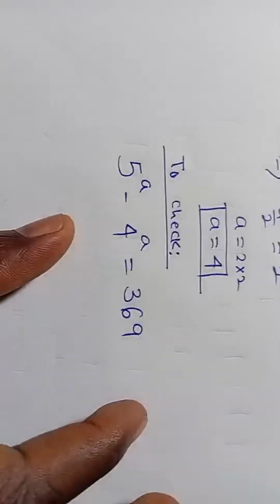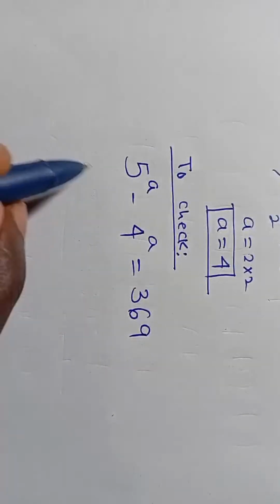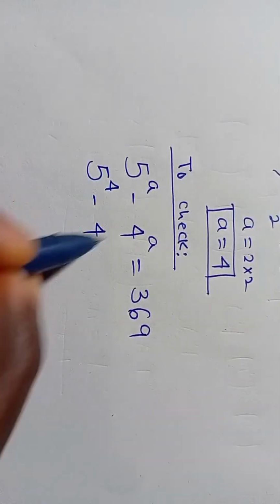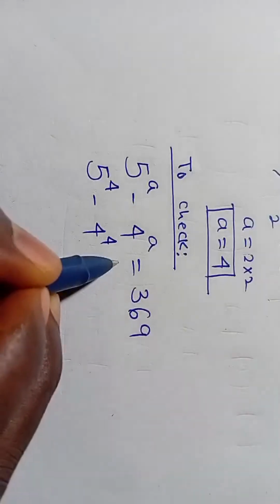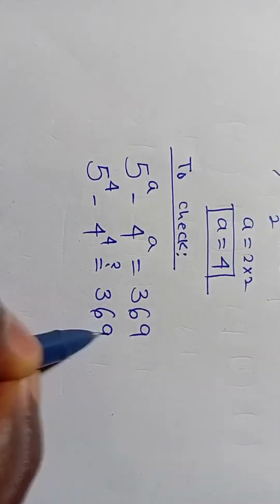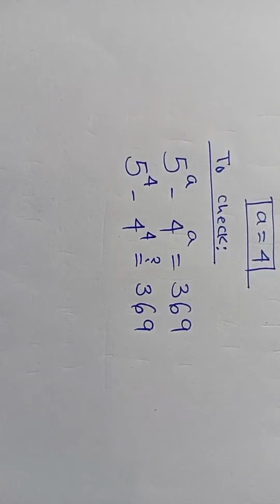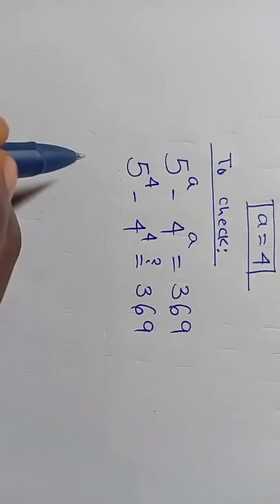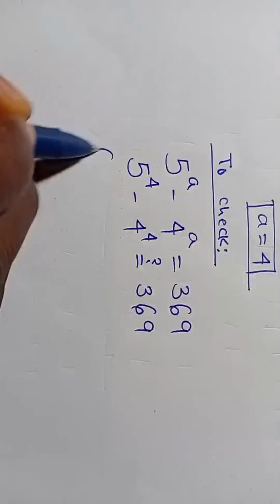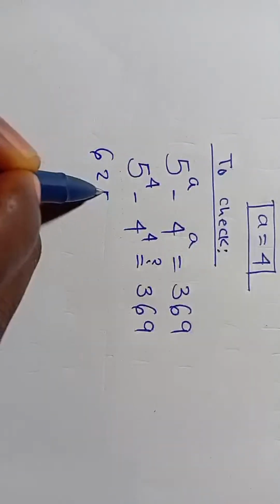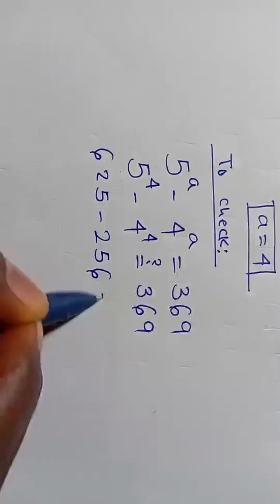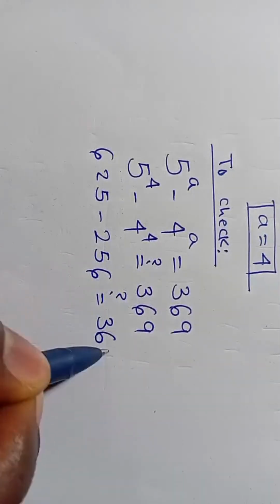Then when a equals 4, what we are going to have will be 5 to the power of 4 minus 4 to the power of 4. Then it's going to give us 369. So now from here we have 5 to the power of 4, this will be 625, minus 4 to the power of 4 will give us 256. Then it's going to give us 369.